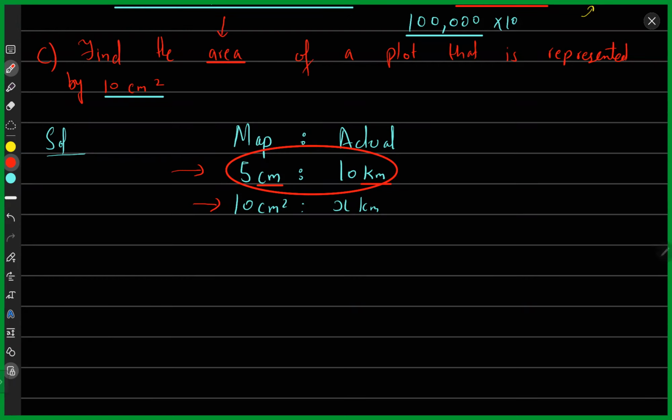You guys get the issue? The issue is that this is my scale right now, but it's in centimeters and it's for lengths. We need to do it for area. So I need to have centimeter square and kilometer square. What we do is just square both sides of this thing, and this is your area standard scale.